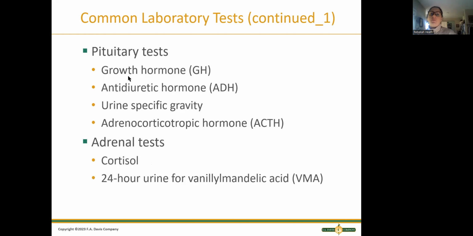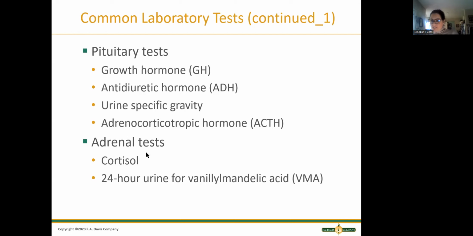For pituitary tests, growth hormone is one of the big ones we talked about, and the antidiuretic hormone. We'd also want to get a urine specific gravity because of how we excrete fluid related to the pituitary. That might give us a good indication of what's going on. And we might check for adrenocorticotropic hormone, or ACTH.